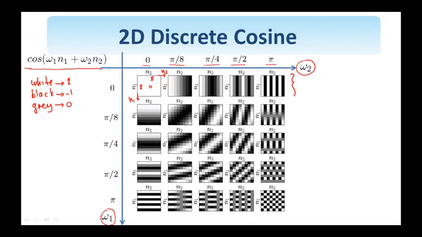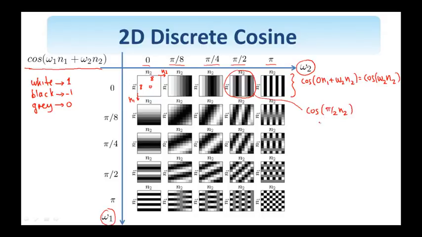If we look at the first row here of images, then they all have omega 1 equal to 0, so therefore they show cosine omega 2 n2 for various values of omega 2. If I look, for example, at this image here, then this is an image of cosine pi over 2 n2, right?